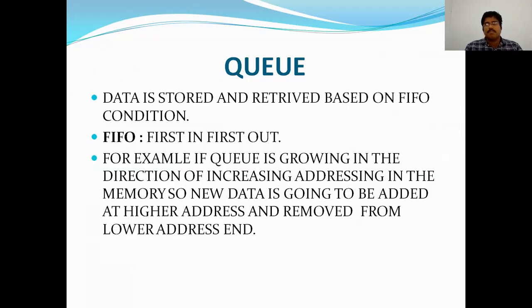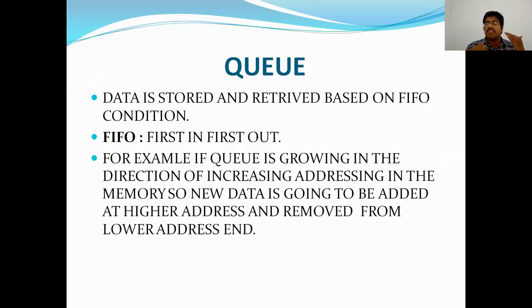For example, if you want to go to a movie of your favorite actor, consider there is no online booking, only offline booking, and there are no black tickets also. Then what do you have to do? You should stand in a line. That line will be referred to as a queue.